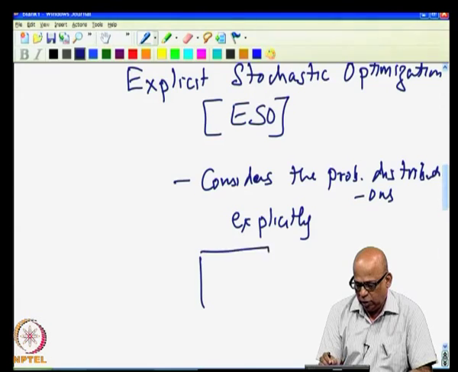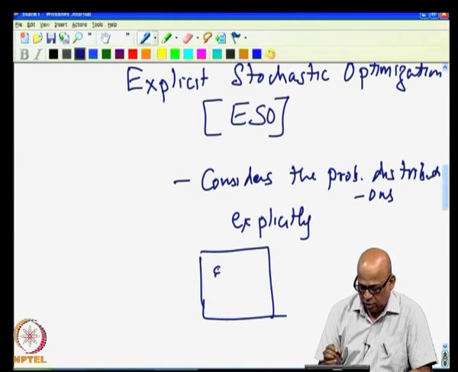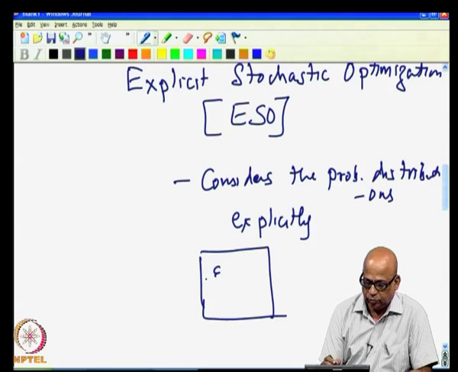So, the probability model that we had earlier is itself a stochastic optimization model.